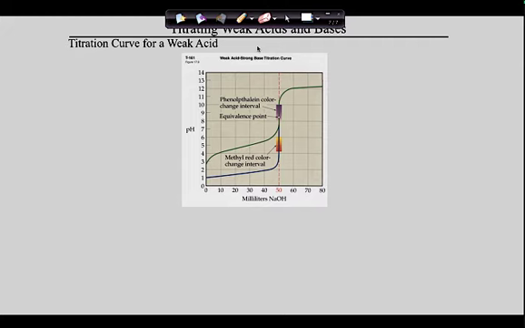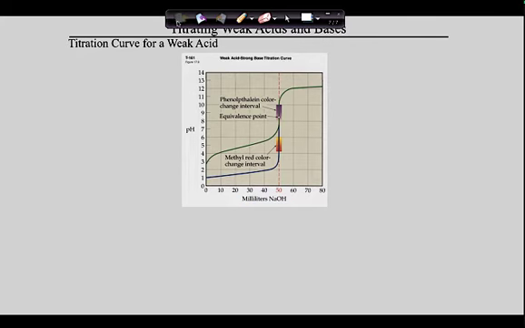So guys, first of all, let's talk about what we're titrating. Not surprisingly, it's acetic acid. But guys, notice the similarities. First of all, we're still titrating with sodium hydroxide.